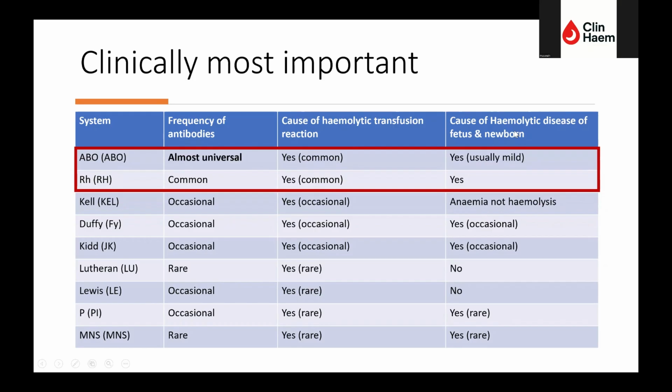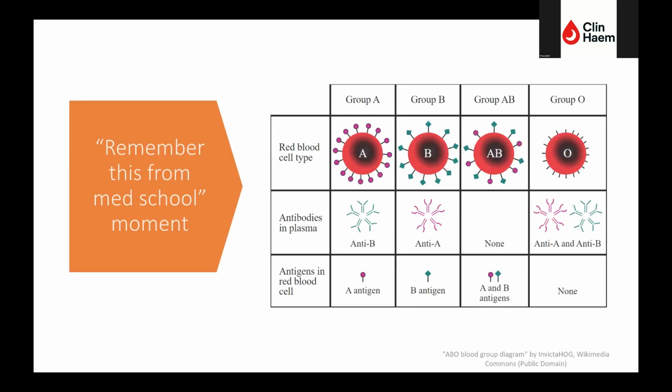Two of these are most important, which are the ABO and the RH blood group. And as you might have heard, if some people are A positive, that means they have blood group A, and they are RH positive. So here is a bit more detail about these blood group systems.